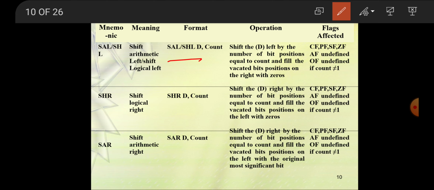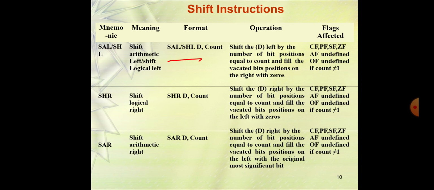It shifts the destination left by a number of bit positions equal to the count, and fills the vacant bit positions on the right with zeros. For the first count it shifts one bit, for the second count another bit, and it keeps shifting, adding zeros in the vacant positions. I will explain in the coming slides. Shift logical right similarly puts in zeros.